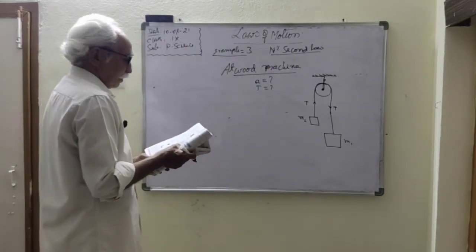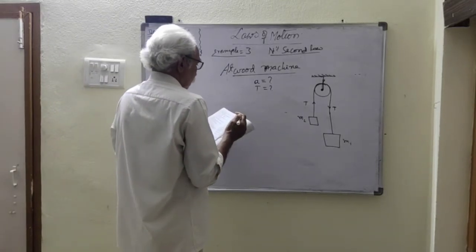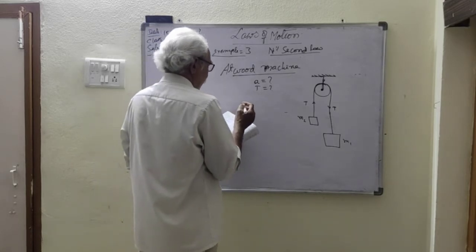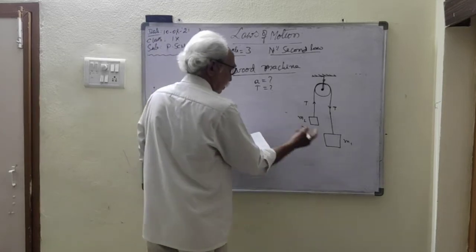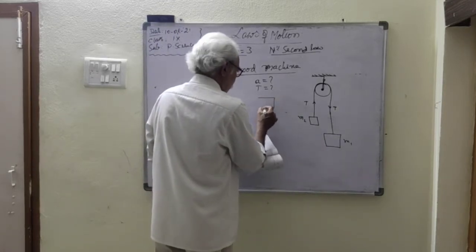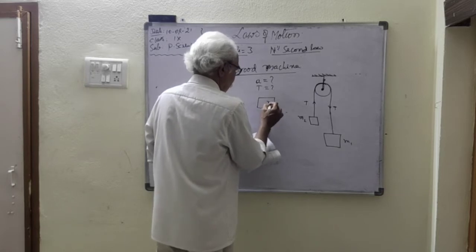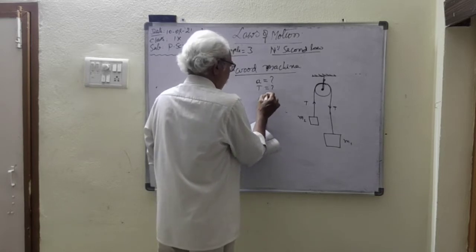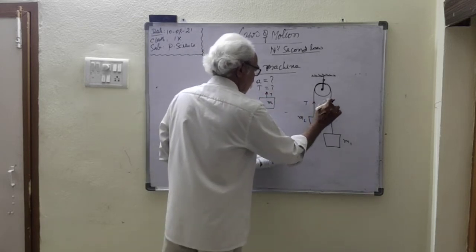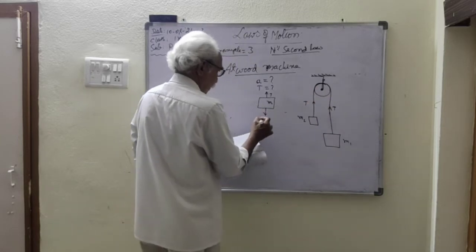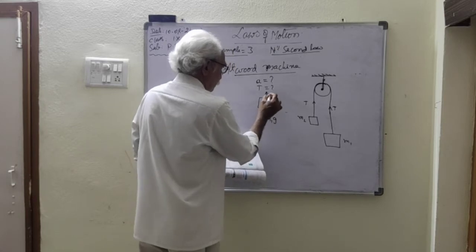Let us see. The acceleration due to gravity is g. First, take the first body. For this first body, mass is equal to M1, with tension acting in the upward direction. The weight force is equal to M1g.